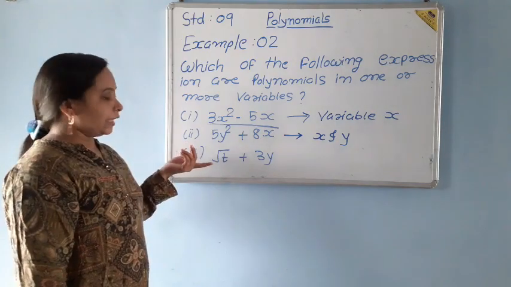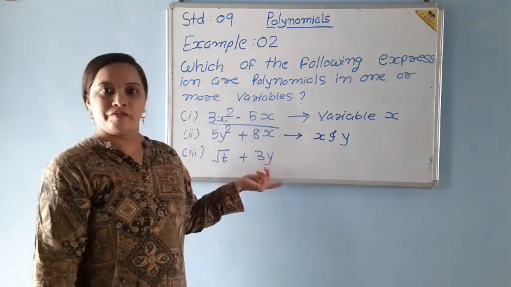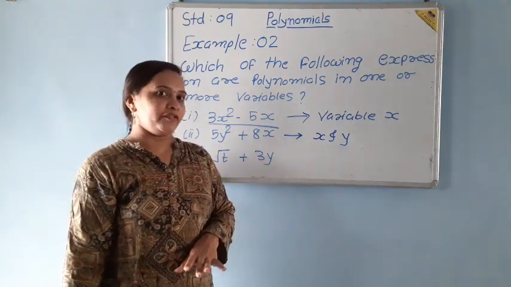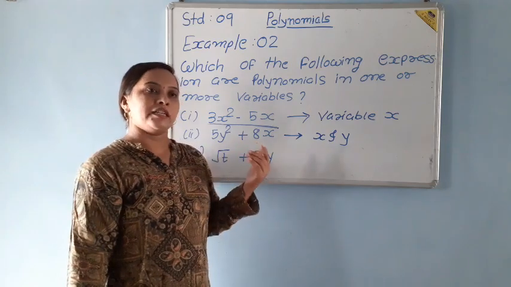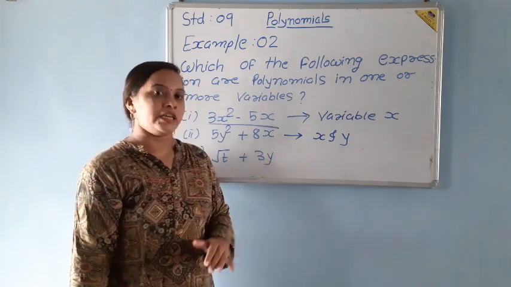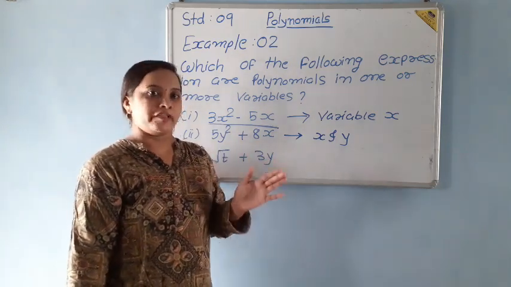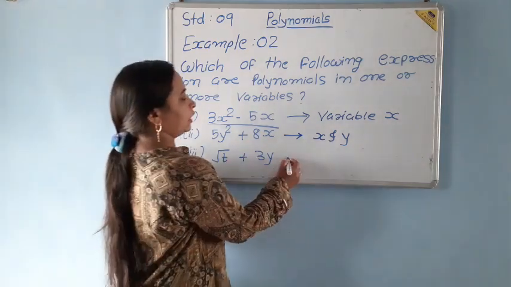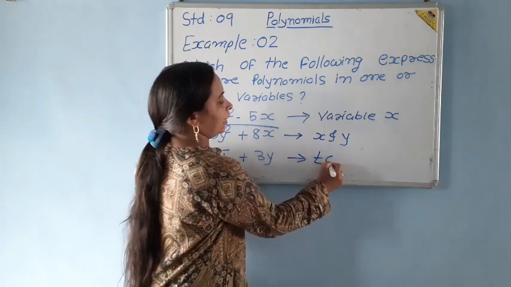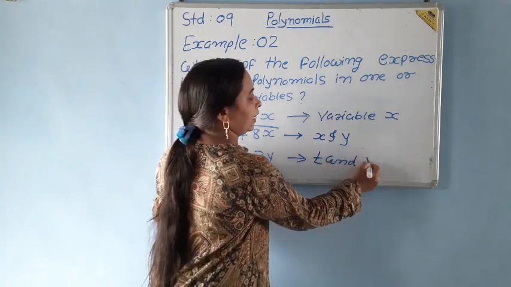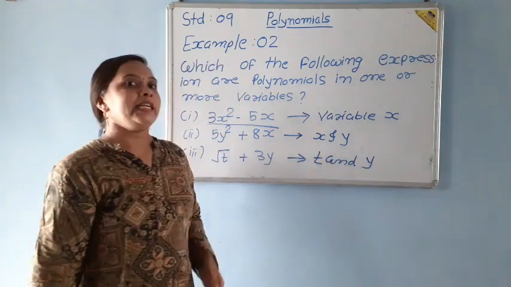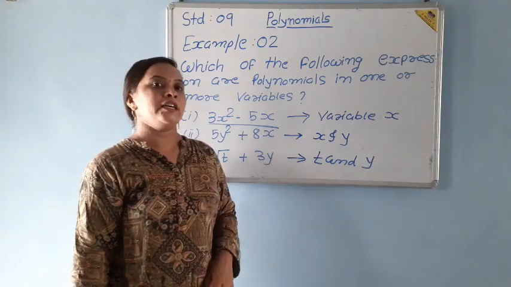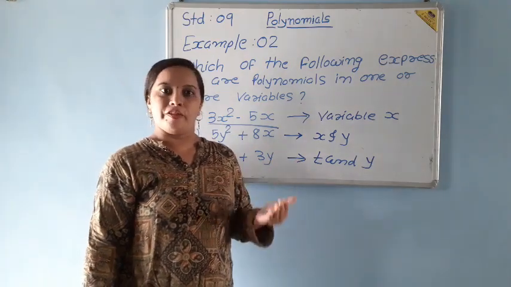Next, root t plus 3y. Is it a polynomial in one variable? No, it is also not considered a polynomial in one variable because here we have two variables, t and y.